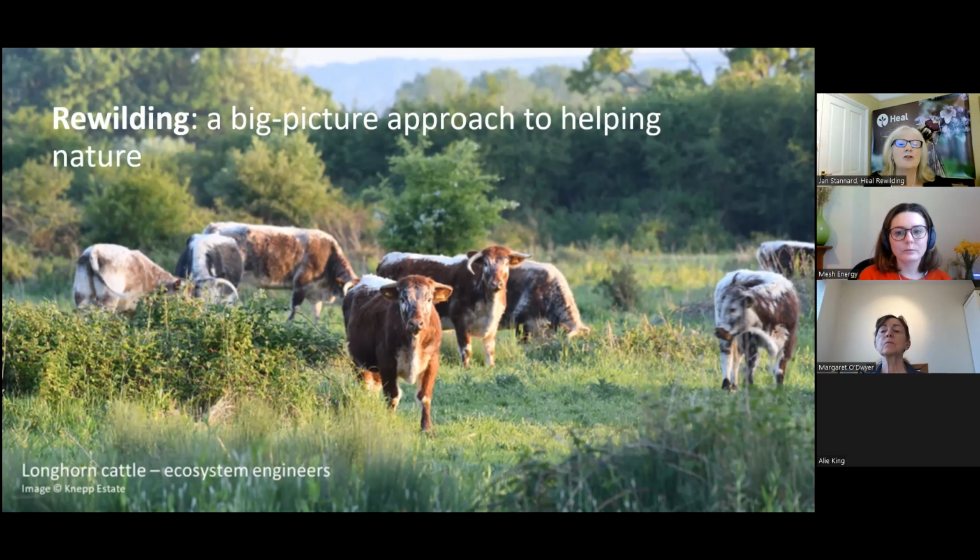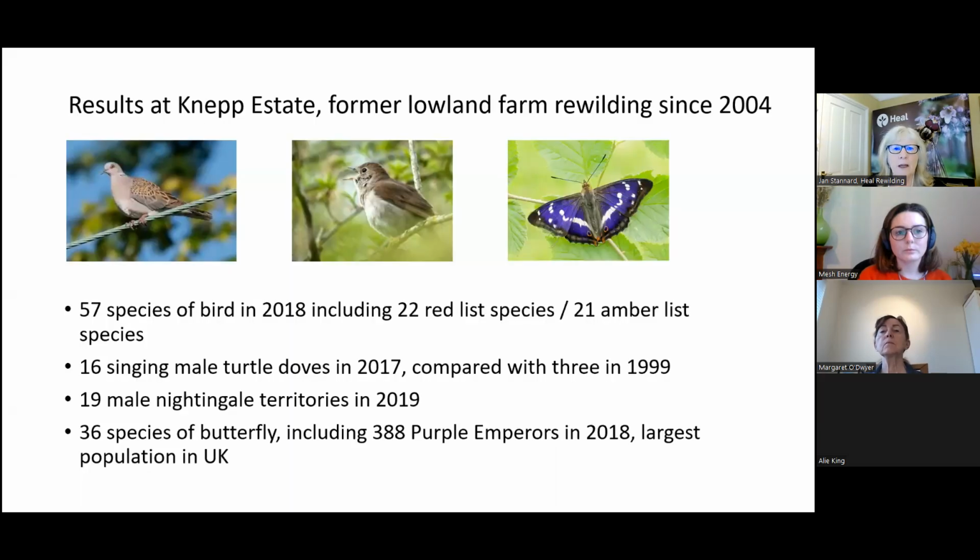So you've got these new places for nature where we're using this method, which I'll explain shortly, but how do we know it works? Well, here is some amazing evidence from an estate in Sussex called Knepp. It's huge, it's 3,500 acres, but they concentrate their rewilding work mainly in a 1,000-acre area.